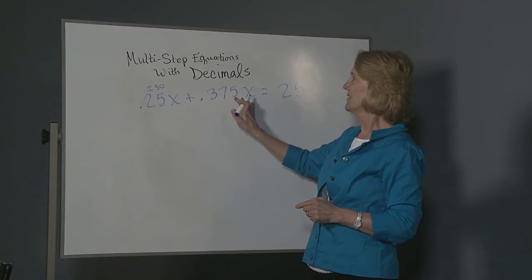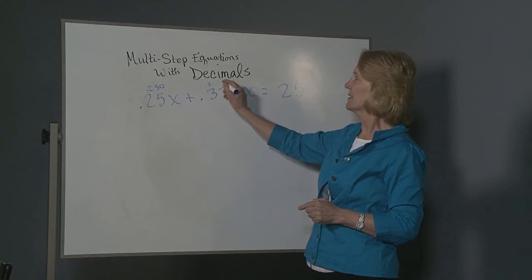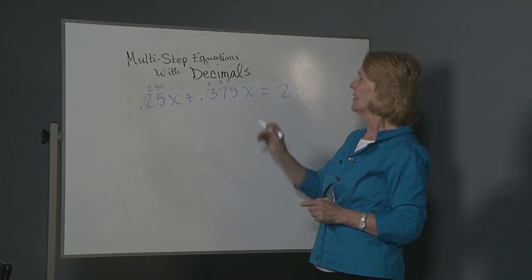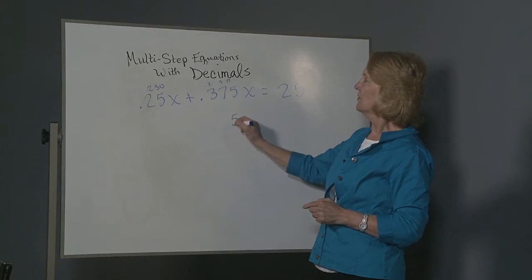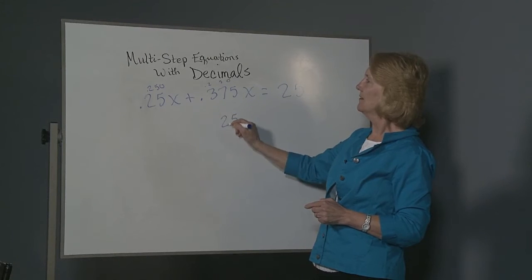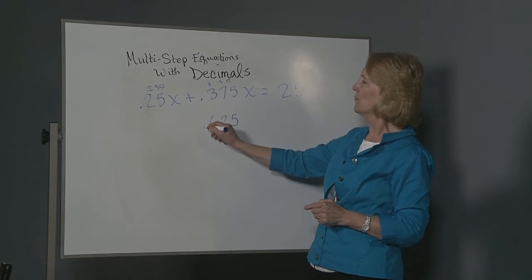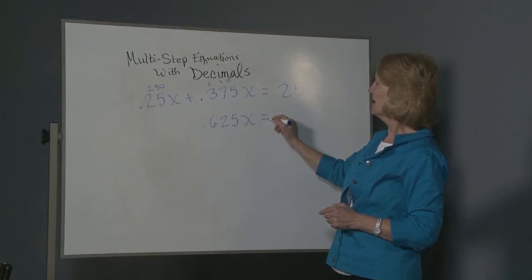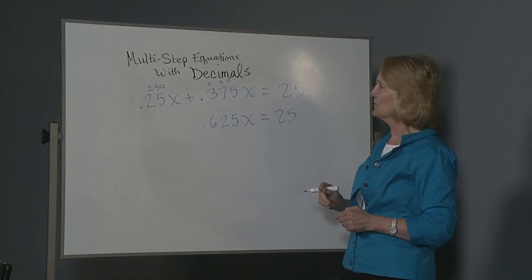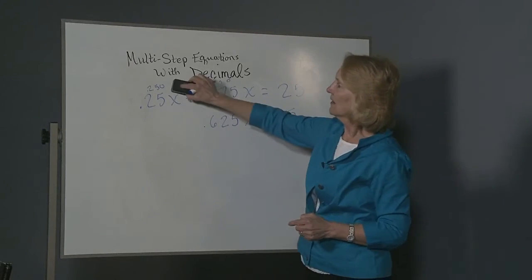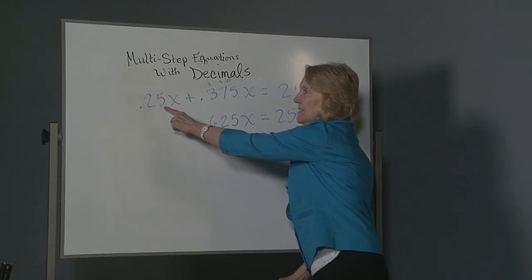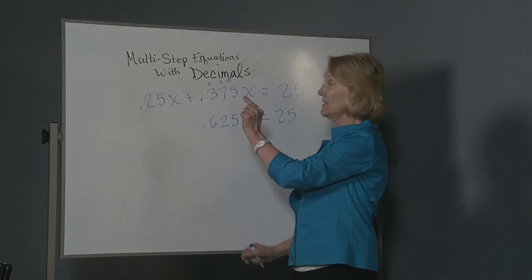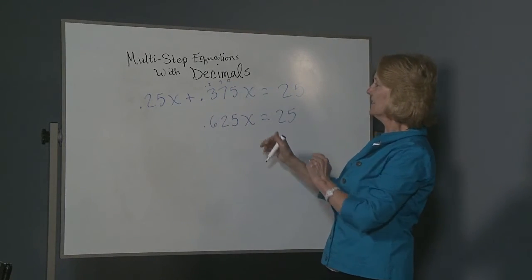That way it has 3 digits, just like this one. I'm going to make this be right over top. Okay, 5 and 0, 5 and 7 with a carry, so you get 0.625 times the x equals 25. Okay, we converted this into a decimal with 3 digits and then added the digits.